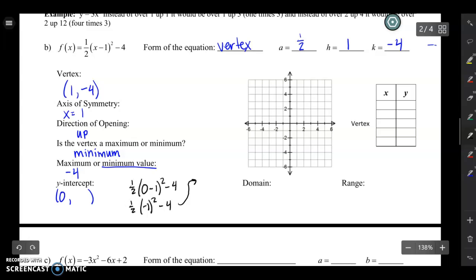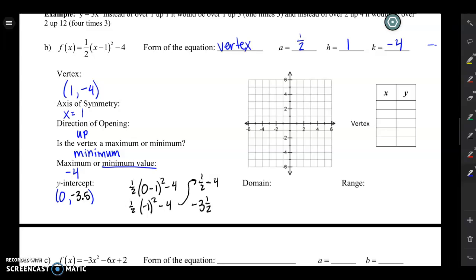So -1 squared is 1. 1 times 1/2 is 1/2. Minus 4. So that's going to be -3.5. Okay, you could write that as a decimal if you want. Maybe I'll write it as a decimal over here.